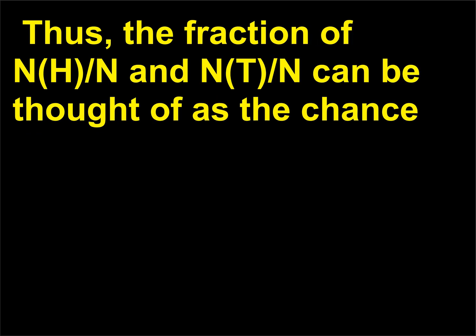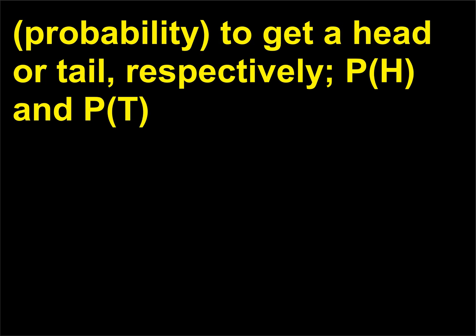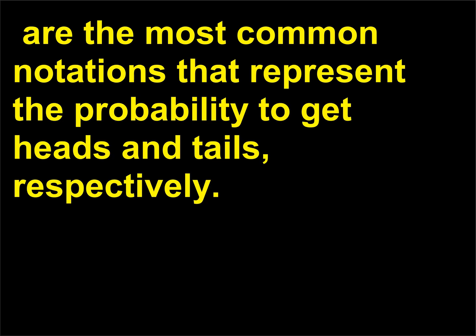Thus, the fractions n_H/n and n_T/n can be thought of as the chance, or probability, to get a head or tail, respectively. P(H) and P(T) are the most common notations that represent the probability to get heads and tails, respectively.